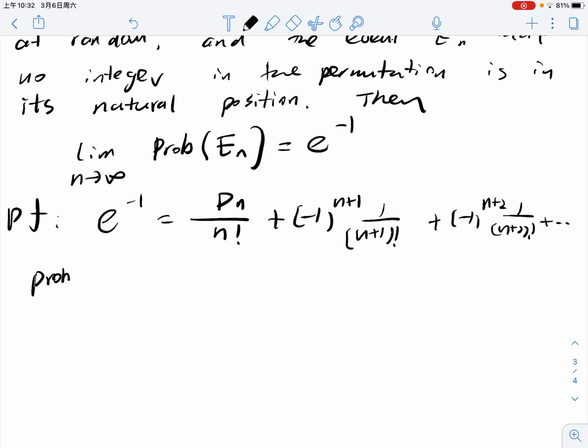And then the probability of En is dn over n factorial. Therefore, it's exponential minus 1 minus all the remaining terms.